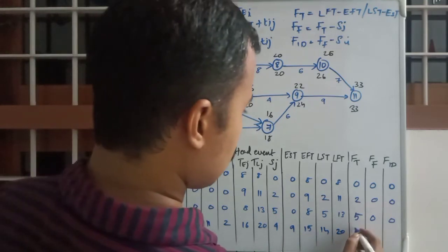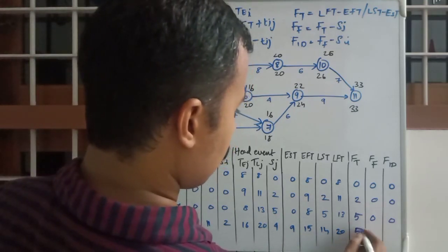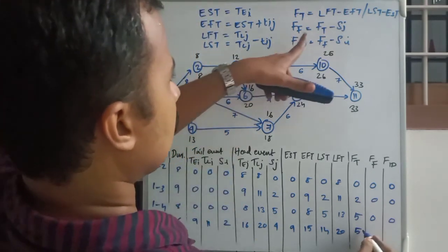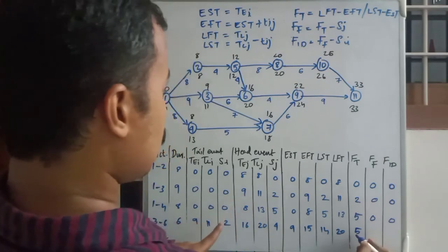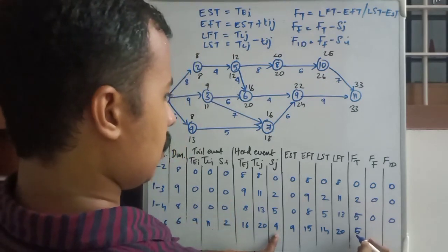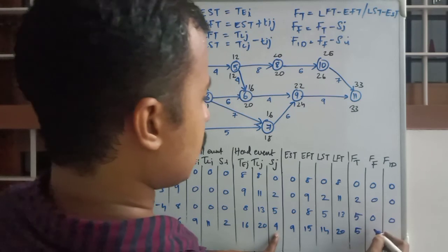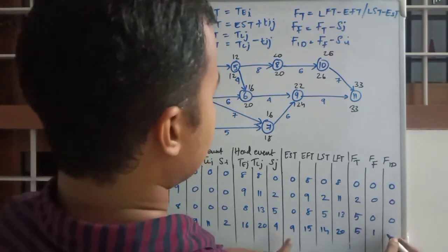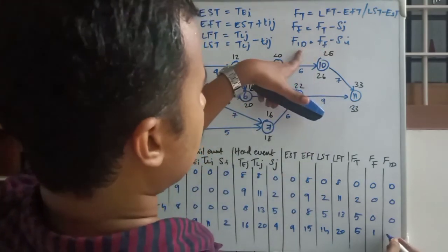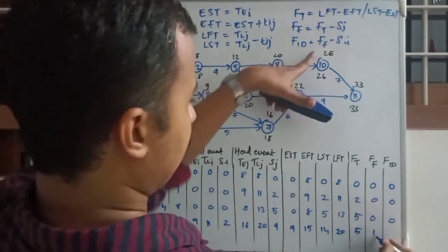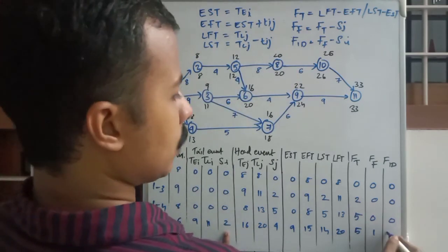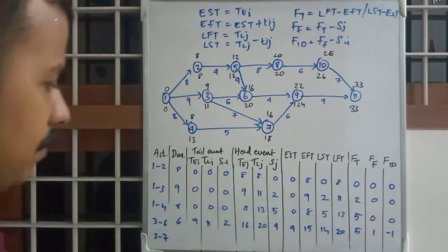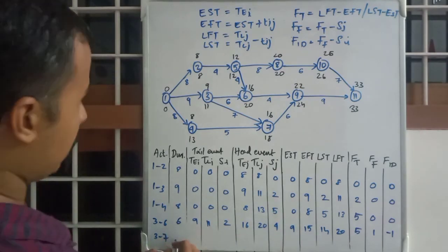Difference is 5. FF is TF minus SJ, that is 5 minus 4, that is 1. FID is FF, that is 1, minus SI, SI is 2, that is minus 1. That is normal. FID can be negative.